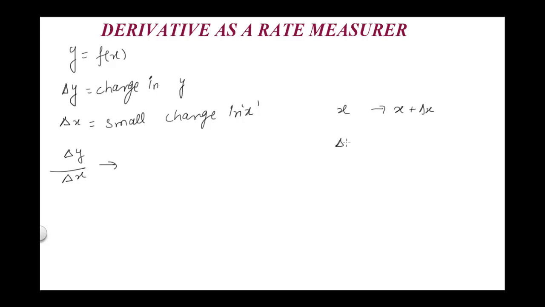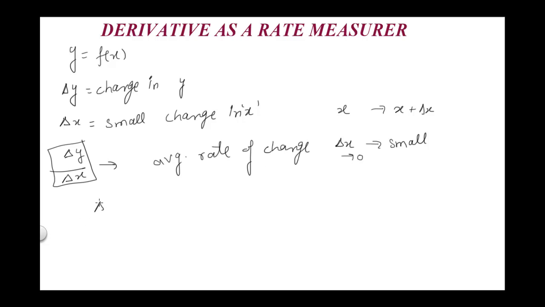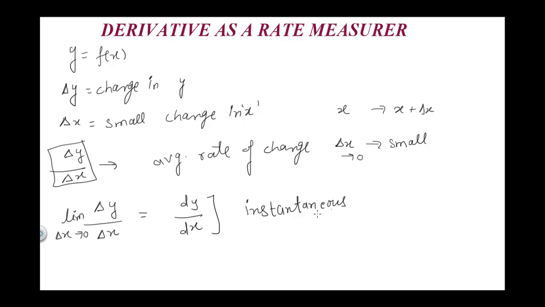Now when this change in x is very small, that means it tends to 0, this is what we call the average rate of change. Now if we write it as limit delta x tends to 0 of delta y by delta x, it is a very small value, then this is converted to dy by dx, which is actually known as the instantaneous rate of change of y with respect to x.